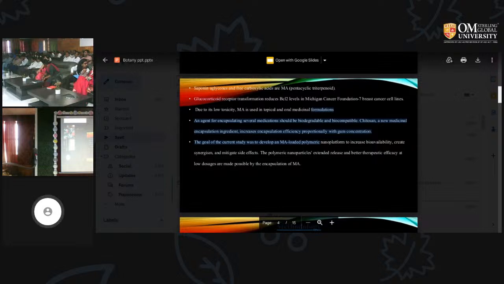The goal of the current studies was to develop a polymeric nanoplatform to increase bioavailability, create synergism, and mitigate side effects. The polymeric nanoparticle extended release and better therapeutic efficiency at low dosage are made possible by encapsulation of moronic acid.